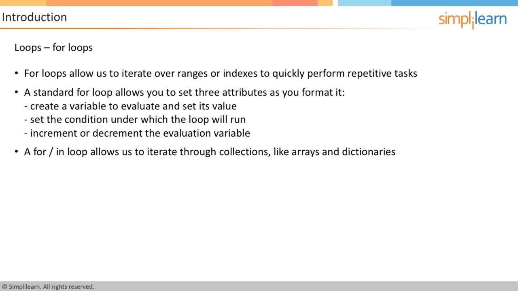The standard for loop allows you to set 3 attributes as you format it, and those are to create a variable to evaluate and set its value, set the condition under which the loop will run, and increment or decrement the evaluation variable. And a for-in loop allows us to iterate through collections like arrays and dictionaries. So let's take a closer look at loops.